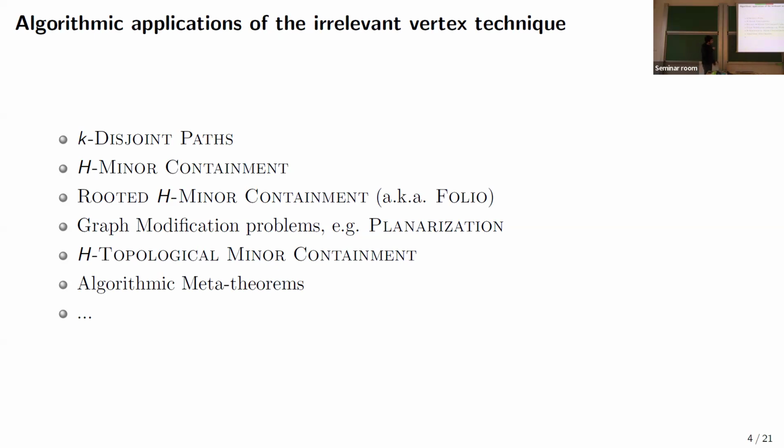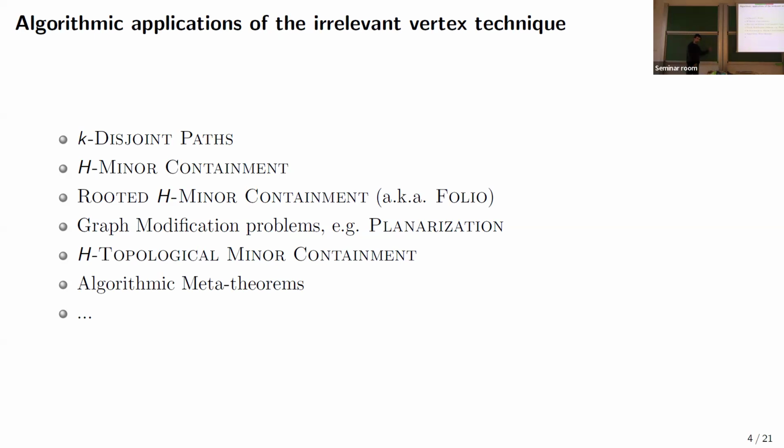And this understanding recently is abstracted in some sense, in some recent work, in algorithmic meta theorems. What we try to do is to identify logics that express, in a sense, the problems that are amenable to the irrelevant vertex technique. So all these kinds of problems use the irrelevant vertex technique, and many more.